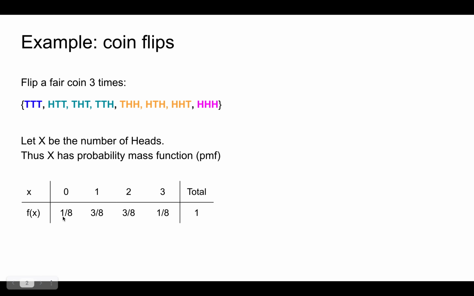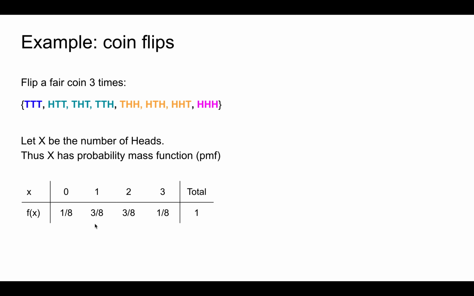For example, we observe 0 heads with probability 1/8. That is, in the 8 equally plausible outcomes here, only 1 has 0 heads. Similarly, the probability that we observe 1 head is 3/8.